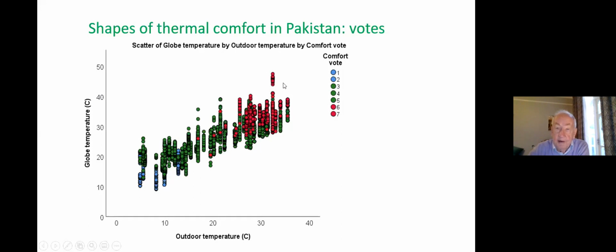I think that's probably a bit of an exceptional situation, but I know there were some people who got to well over 40. But generally, the people above about 30 degrees begin to get warm.